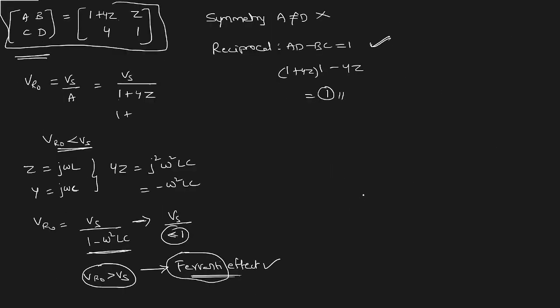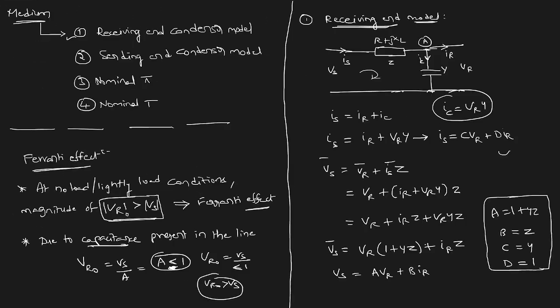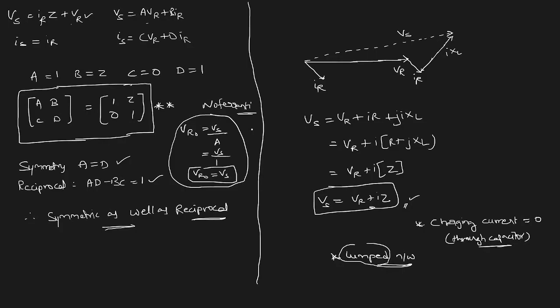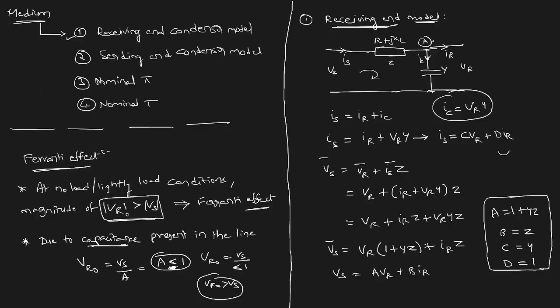It is not symmetric, but the circuit is reciprocal. We can clearly see that, because if you come to the short line, it is visibly symmetric. But here it is not, because if you cut this into half, we can see an extra capacitor here.